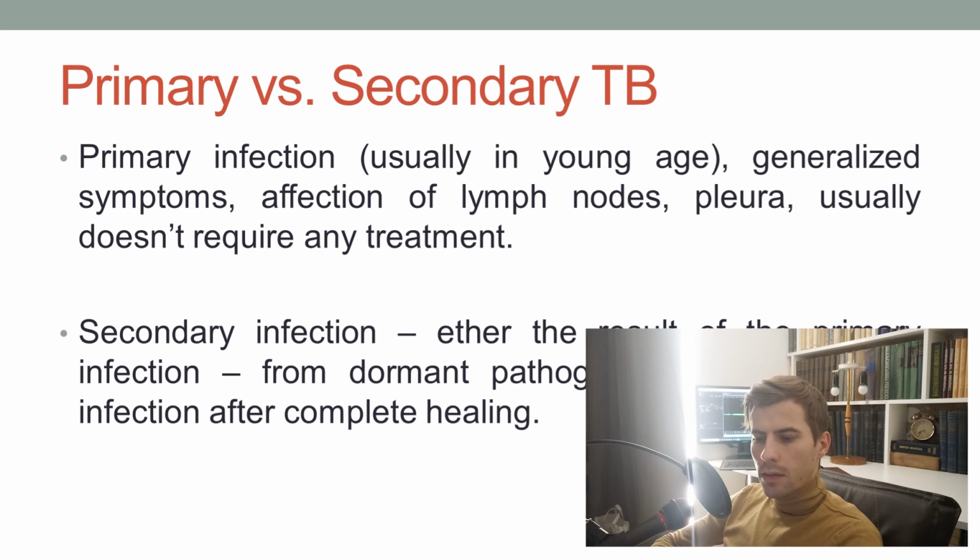So it can be dormant bacteria for years, maybe decades, until another pathological process destroys this coverage, and the bacteria will cause a secondary infection. Secondary tuberculosis can be associated either with reappearance of the infectious process by the same bacteria, or with reinfection from another source.